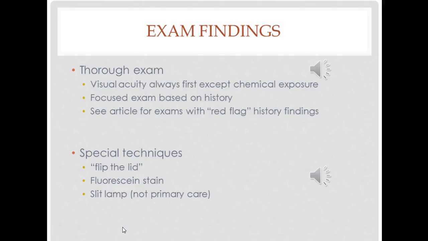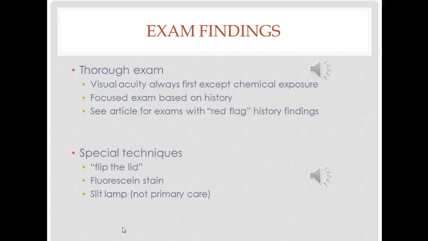After doing the visual acuity exam, which is often done by nursing personnel, you want to focus your exam again, but we're going to go ahead and every time, of course, observe the eye structures just as you were taught in assessment. In particular, you're looking here for lid swelling or erythema, which might indicate there's an orbital cellulitis going on. You're looking to see that the eye is not bulging outward, and that it is in its proper place.